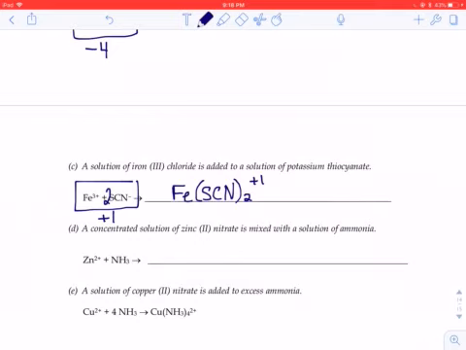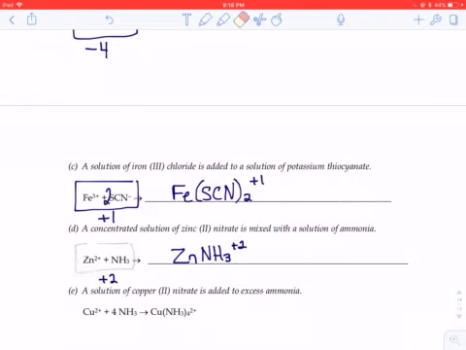This one is your zinc ion with ammonia. Again, it doesn't matter how many ammonias you want to put on there. So you could get this zinc ammonia ion blend. This side is positive 2 total, so that means the thing on the right has to be positive 2 total.